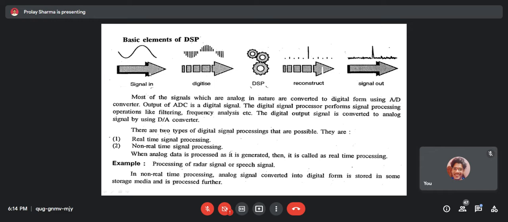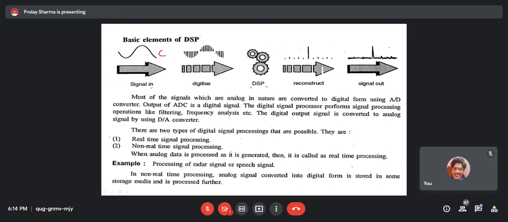Then in this block, the signal we receive is discrete or digital in nature, and some processing will be done with that signal. Suppose this is a speech signal.